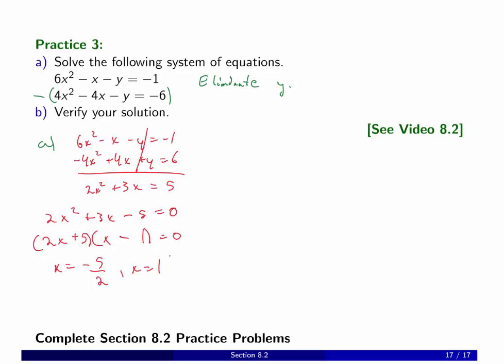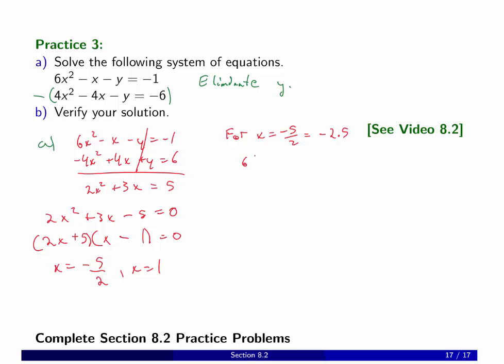So now we're going to get our y values, right? For x equals 1, actually let's do x equals negative 5 over 2, which by the way is of course negative 2.5. That might be a bit easier to plug in. We simply will plug it into, let's do the first one.